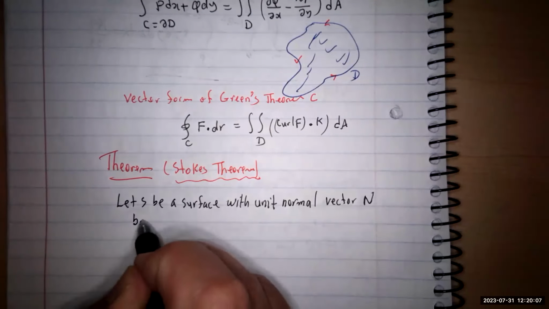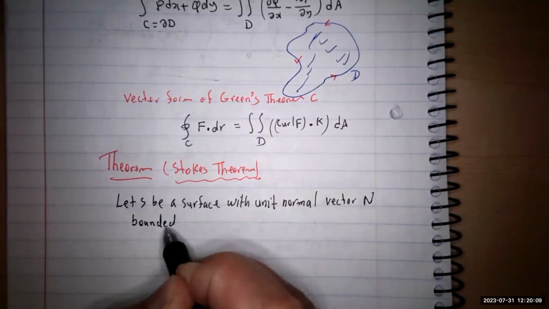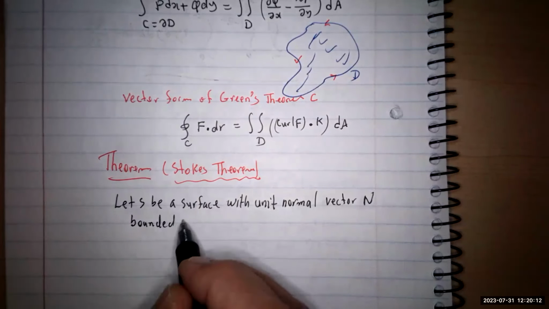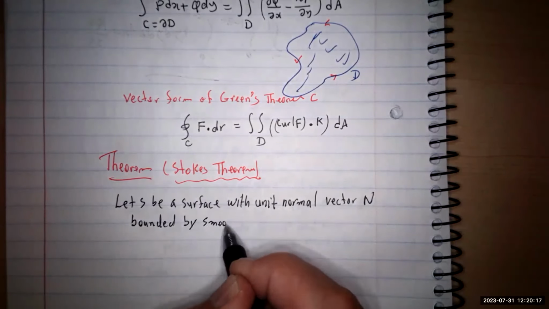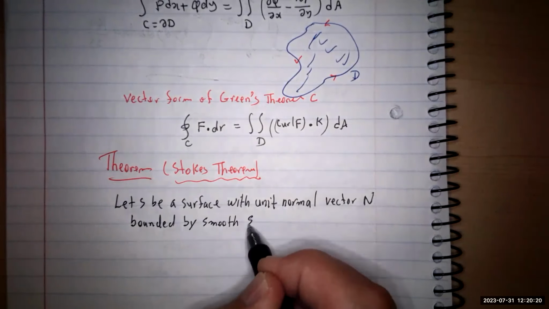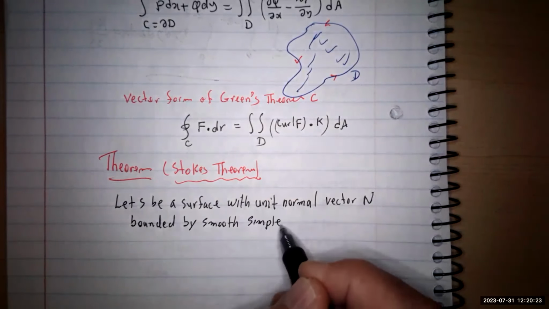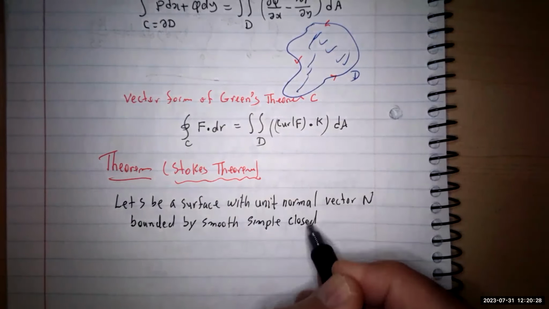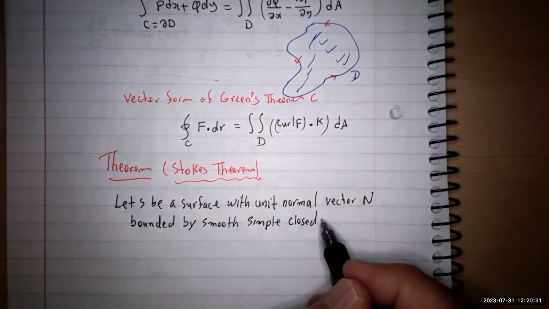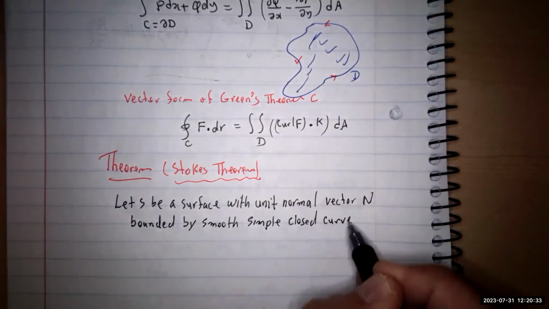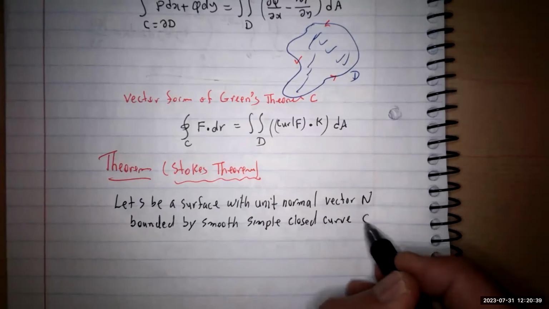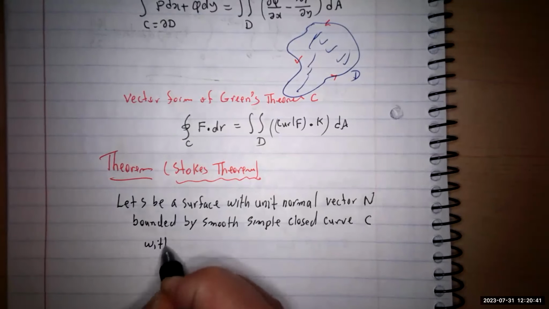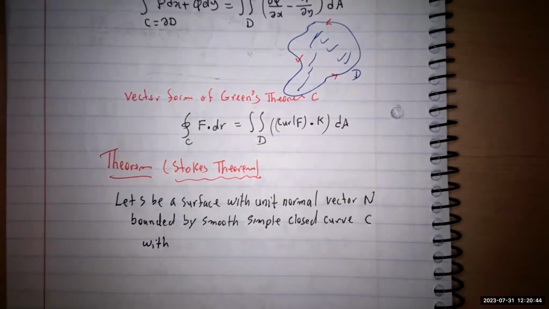The surface is bounded by a smooth, simple closed curve C, with the positive orientation.